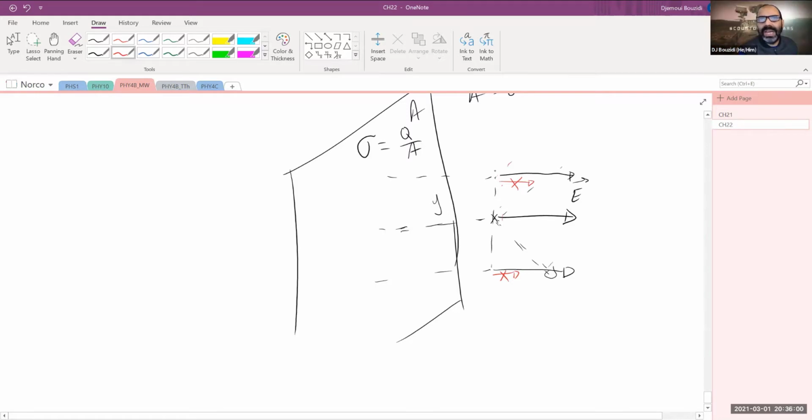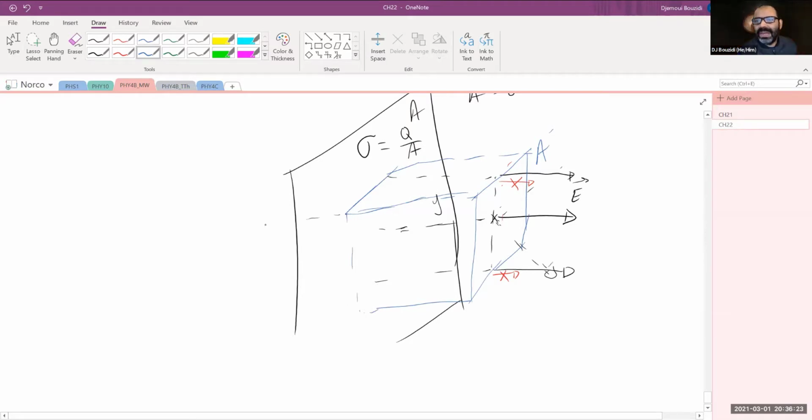So what I'm going to do in here, I'm going to take a Gaussian surface of area. It doesn't matter what the area shape is. I'm going to call it A prime because I just called the other one A, at a distance y from my surface.